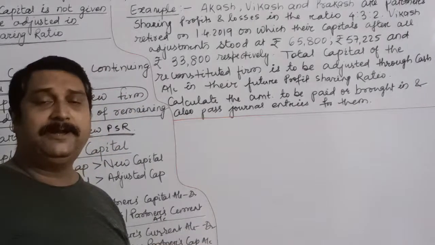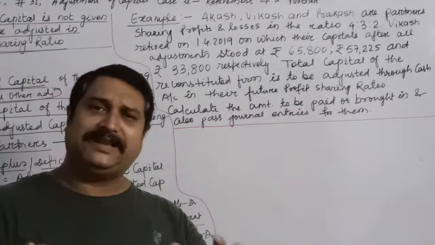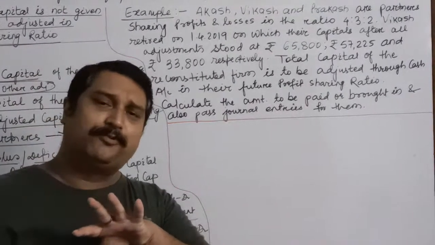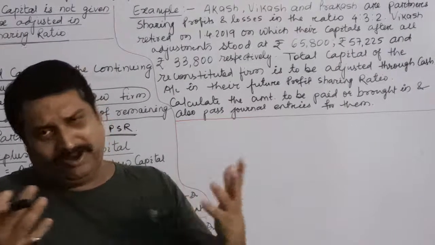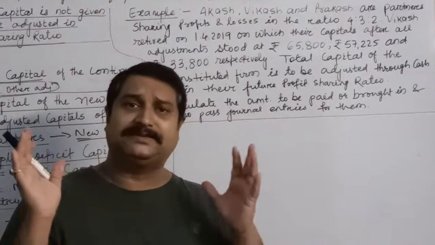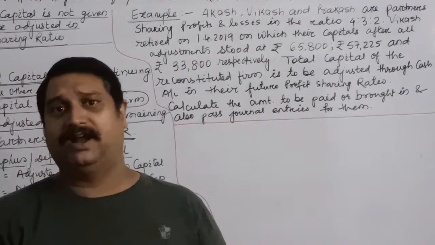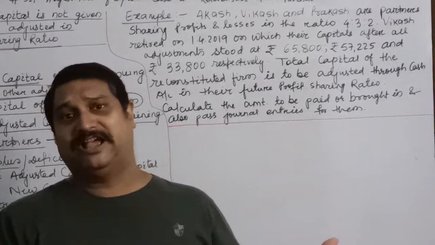In this question, children, I have taken the capital after all adjustment. That means all the adjustments have been made. Profit of revaluation has been added, or if there was a loss that has been deducted, any reserves, surplus, accumulated profits have been added, accumulated losses have been deducted, goodwill appearing in the books has been deducted.